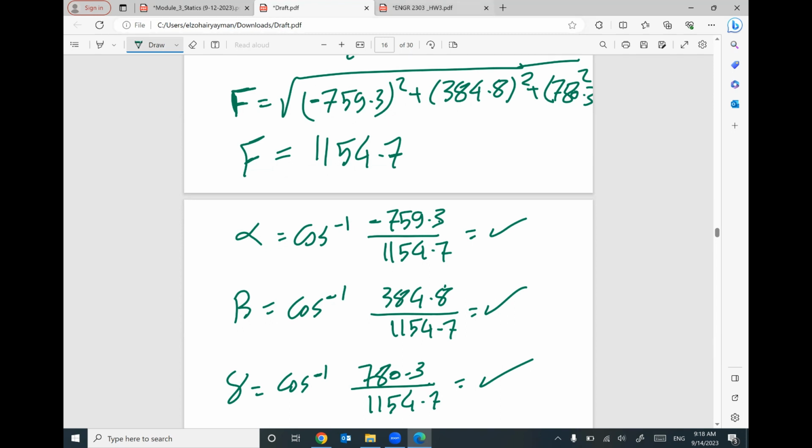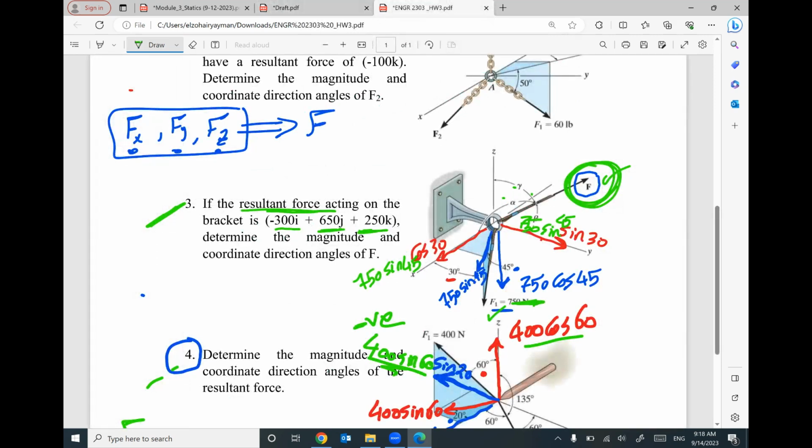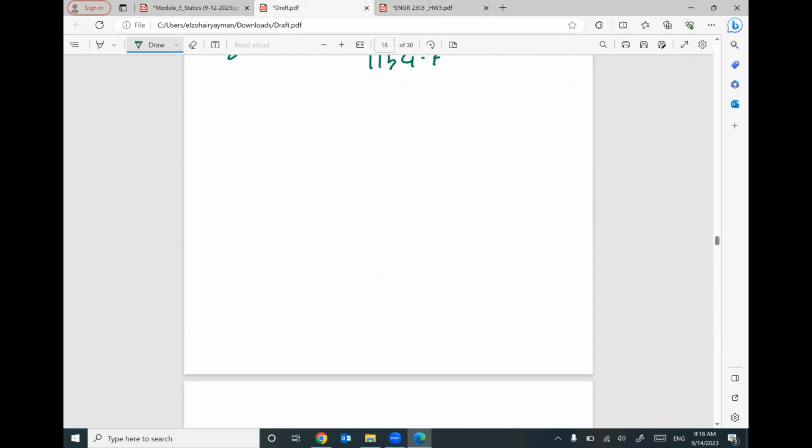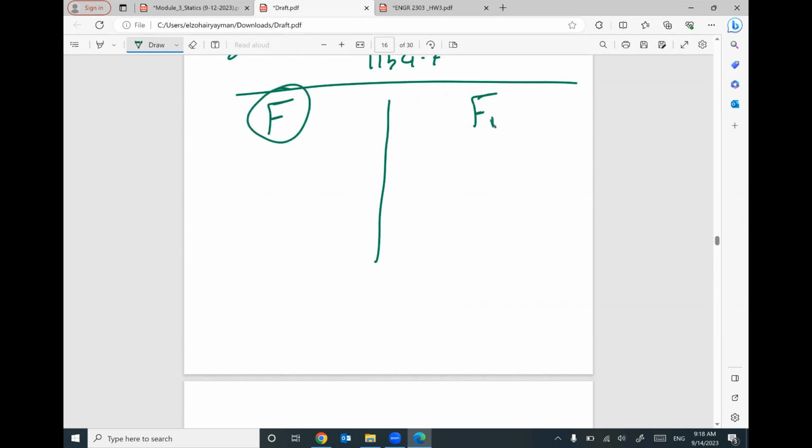So this problem is a little tricky. I can summarize it for you. We are given two forces. For force F, nothing is given. For F1, everything is given, so I can break it into three components. That's fine.